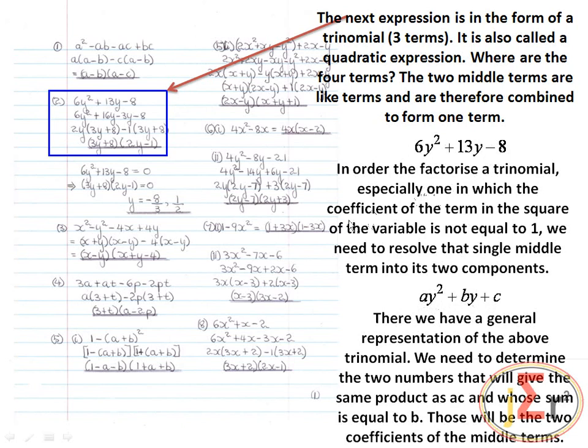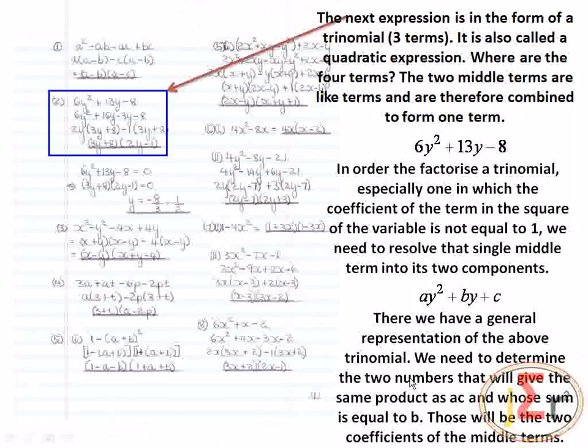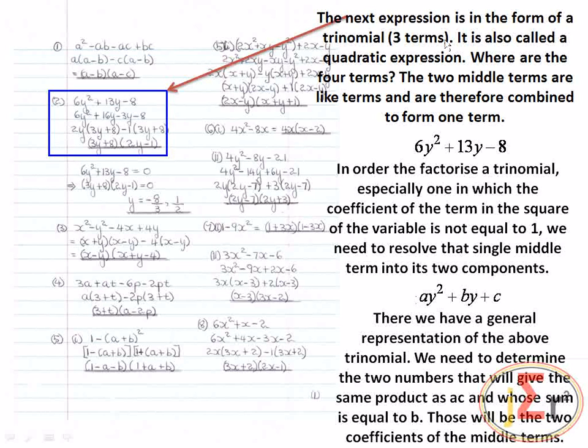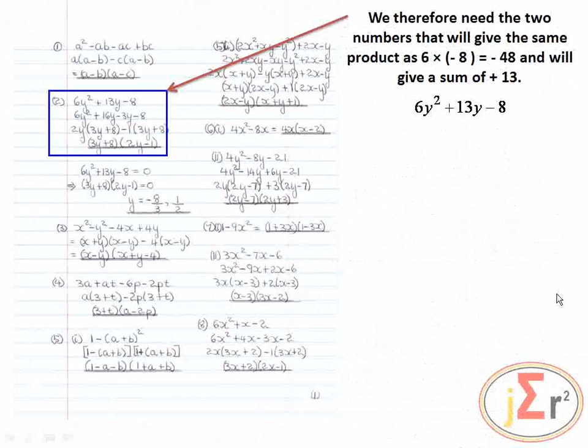we need to determine the 2 numbers that will give a product of A times C. So the product will be this times this, which 2 numbers have the same product as when we multiply 6 by -8. And when we add those 2 numbers, the result is positive 13. We will take a look at that on the next slide.